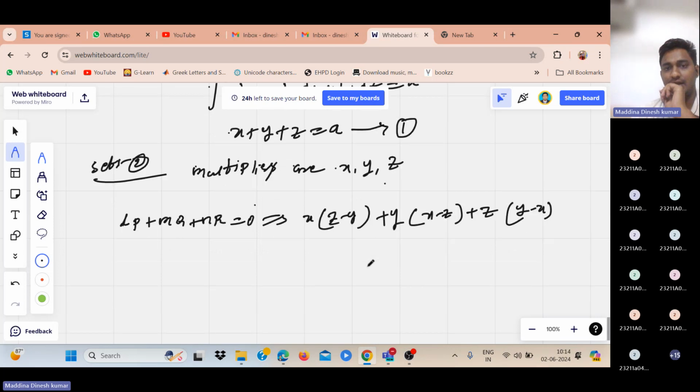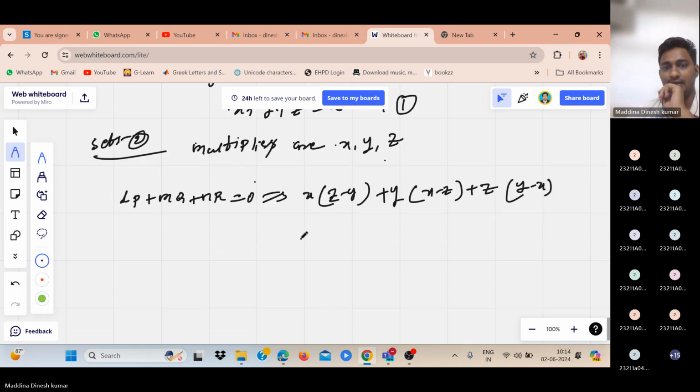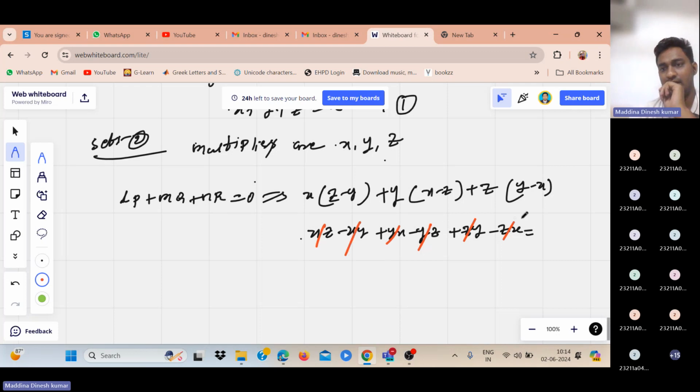Next I'm going to multiply this. Here we will get xz minus xy plus yx minus yz plus zy minus zx. See, xz, zy, xy, it is becoming 0. We only chose it intentionally. This function needs to become 0, then only we consider these as multipliers.